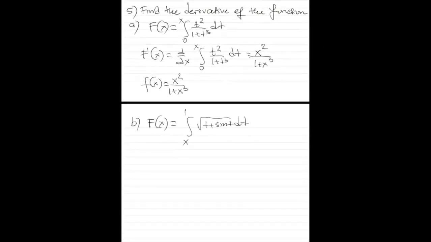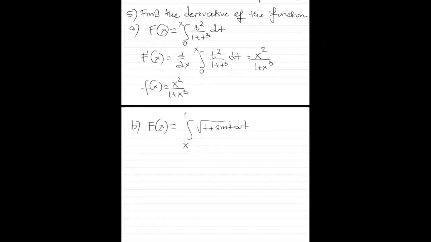We're starting with x, not with the constant, so we need to reverse it just like we did before. So I'm going to rewrite it as negative integral from 1 to x, square root of t plus sine of t dt. So you want the lower bound to be a number and the upper bound could be a variable.